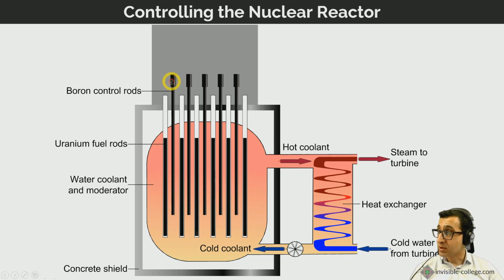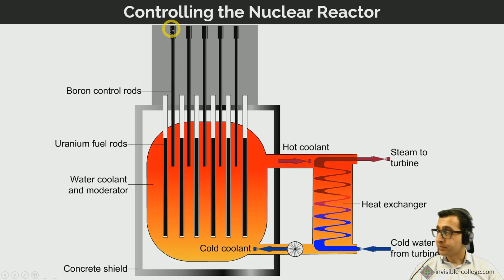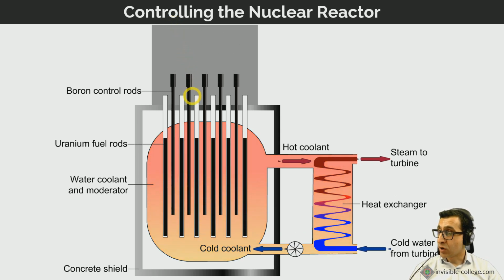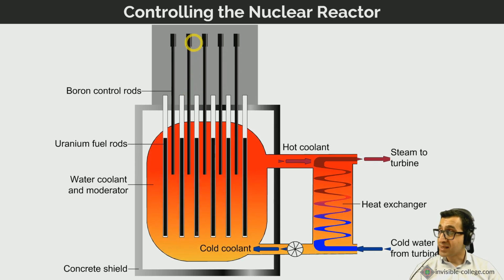But if you raise the control rods, fewer neutrons are being absorbed, and this increases the rate of the chain reaction, which in turn increases the rate of heat output by the nuclear reactor. So when you lower the control rods, you get a lower emission of heat energy. When you raise the control rods, you get a higher emission of heat energy by the reactor core.